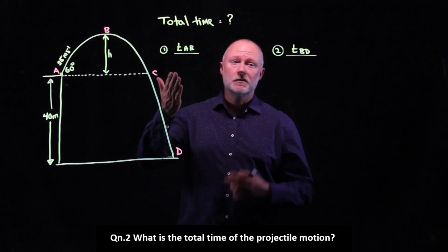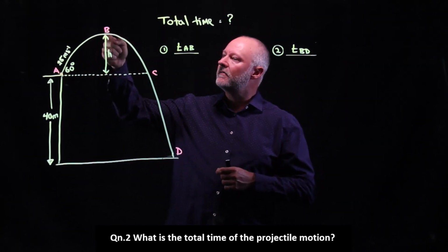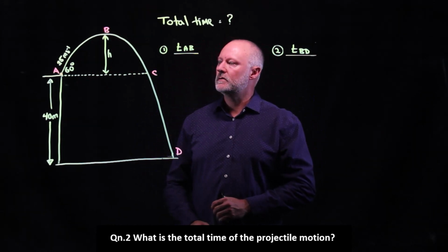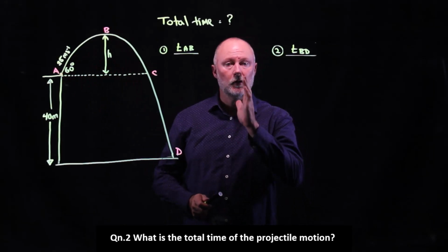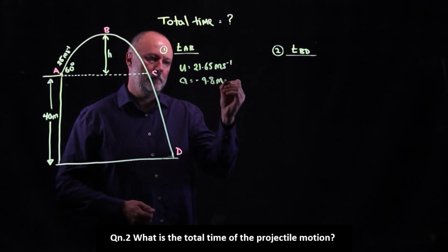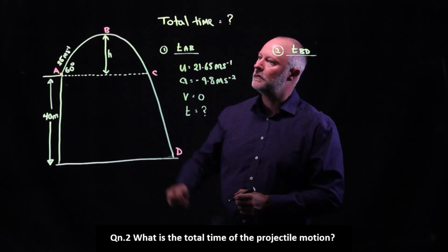Okay, we'll break this into two steps. The first is to work out the time from point A to point B, and the second is to work out from B all the way down to D. Remembering, we're just looking at the vertical components. So let's work out, first of all, our time from point A to point B in the vertical direction. So here we have our variables. We're taking vertically upwards as positive.